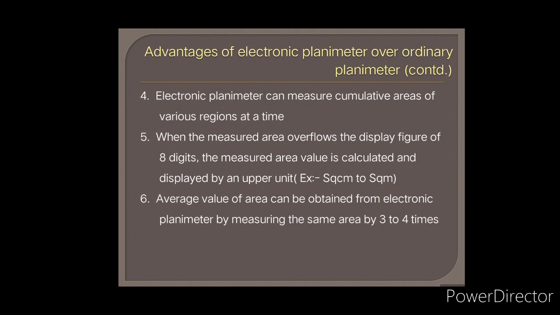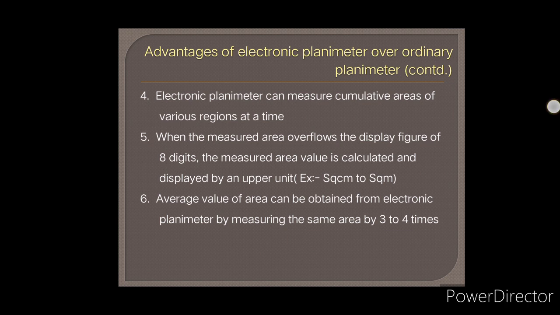You can measure here, measure there, club them and get the total area. And as I said earlier, when the measured area overflows the display figure of 8 digits, the measured area is calculated and displayed by an upper unit. That is, if I started with square centimeters, it can be changed to square meters.